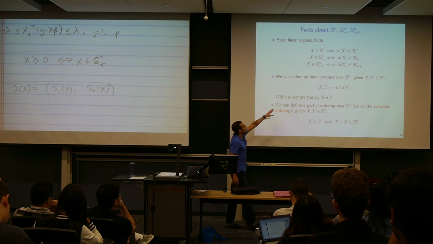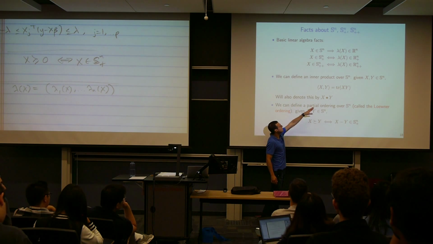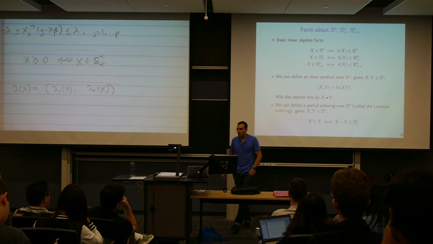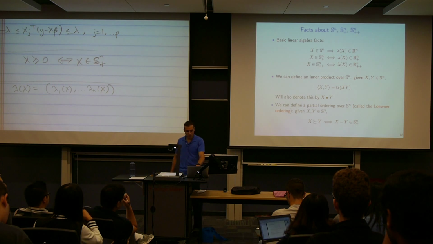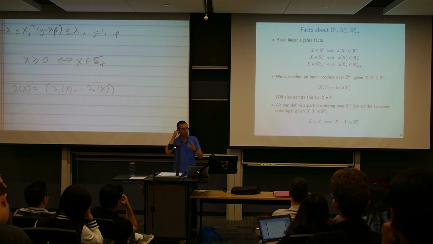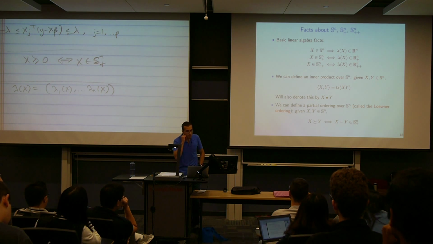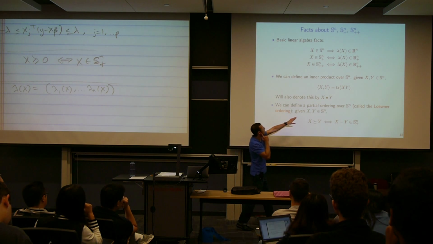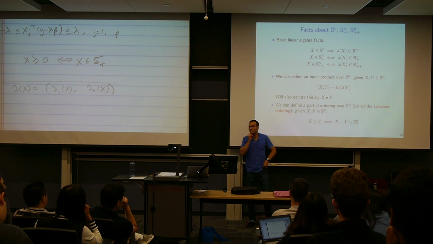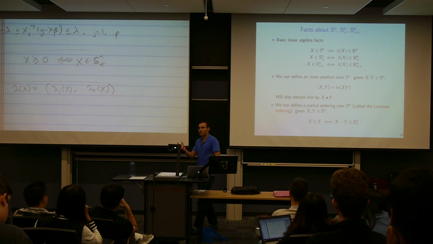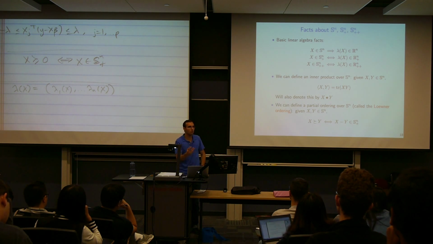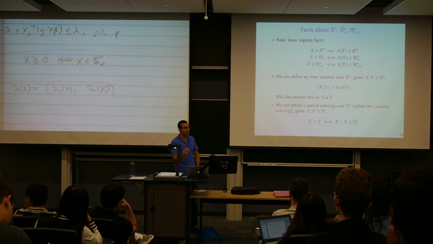We can define the inner product over the set of symmetric matrices as follows. It's often denoted by these brackets, x triangle bracket y, or x dot y, but the dot we usually put as a dark circle. This is like the usual L2 inner product over vectors. In fact, it's the exact same thing.